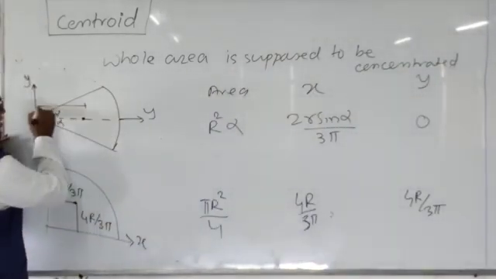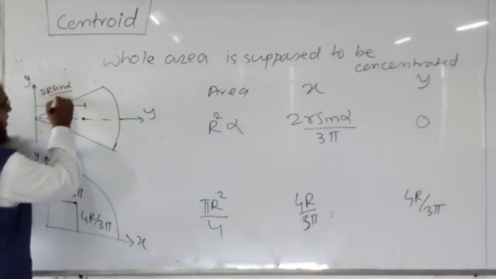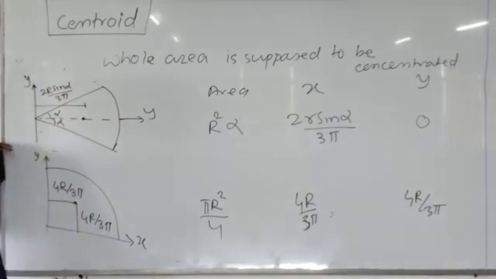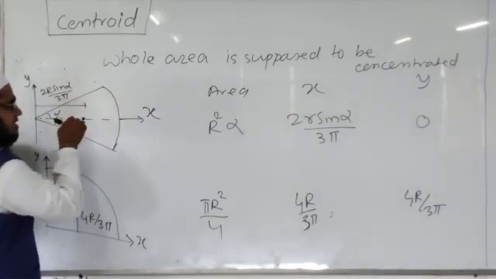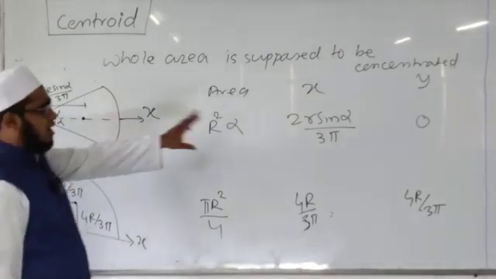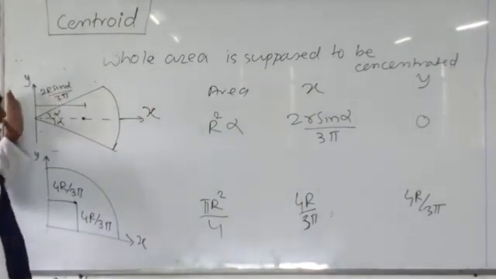This distance is 2r sin alpha divided by 3 pi, and y is the distance measured from the x axis. Therefore, the centroid is lying on the x axis. That's why the value of the y coordinate is 0. So we have to remember all these standard formulas, and remember these values 4r by 3 pi, 2r sin alpha divided by 3 pi. It is given from these reference axes.